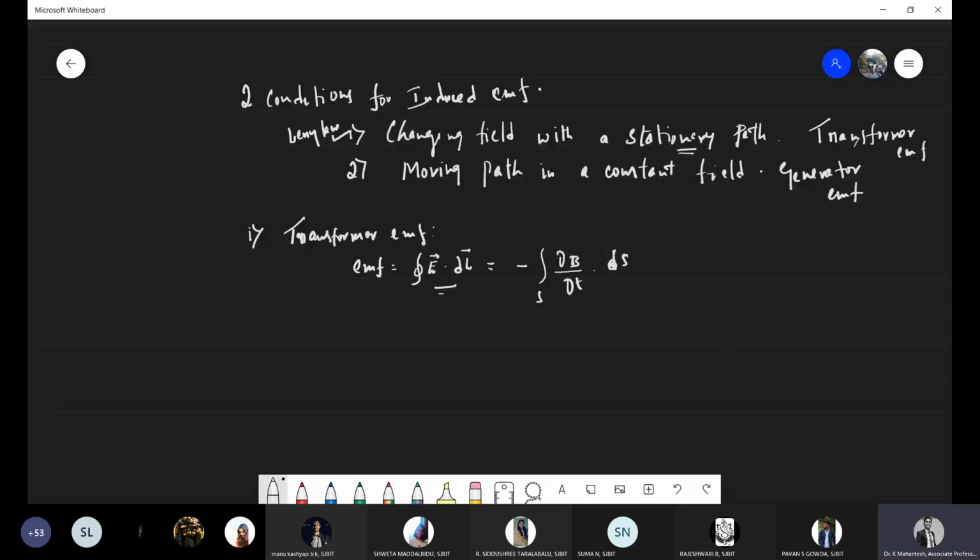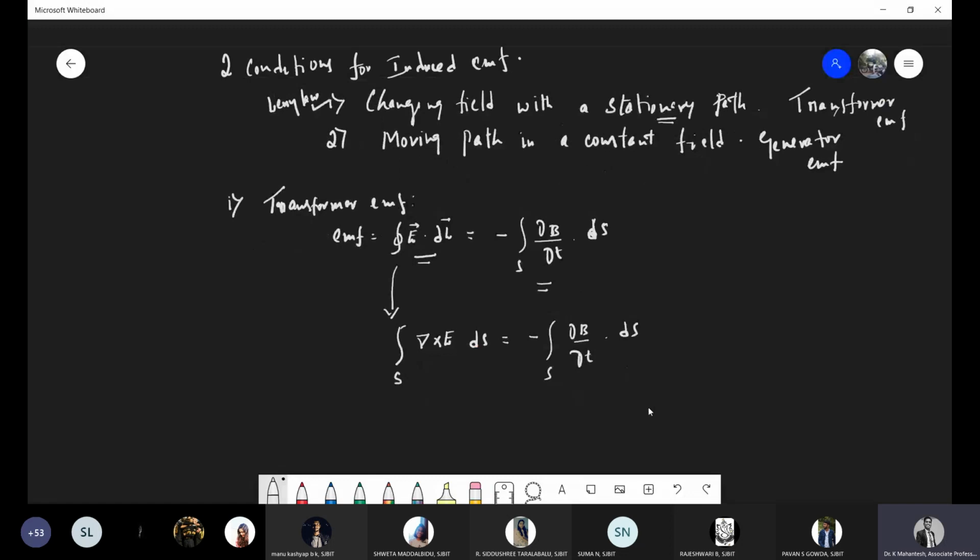Now consider these two equations. The line integral E dl, I'll convert into a surface integral using Stokes theorem. So it becomes the surface integral of del cross E ds, equal to minus the surface integral of ∂B/∂t into ds.